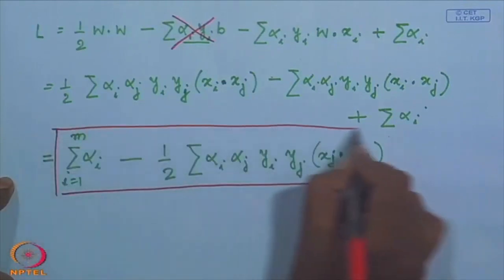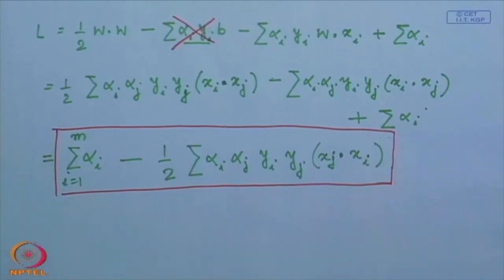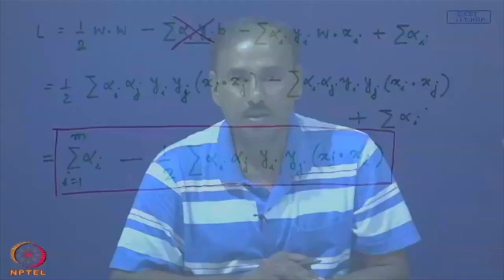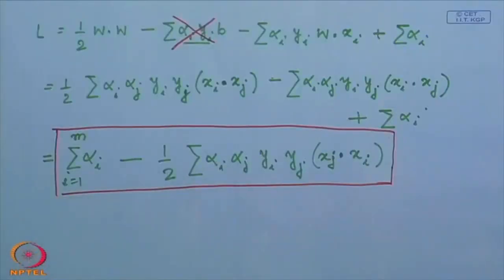For designing, what I have to do is maximize this Lagrangian with different values of alpha, which are my Lagrangian multipliers. And Lagrangian multipliers are always positive.